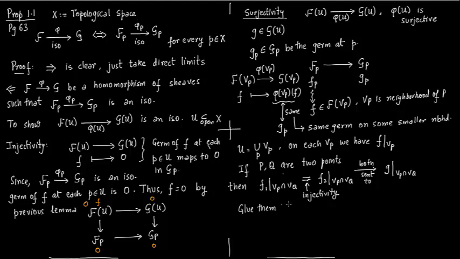So you glue them together and get the function f. Now the only thing remaining is that f is in F of U, so phi of f is g. That is easy. You just consider the function phi of f minus g. It is 0 on every small set, and then you just use the uniqueness property of sheaves and say phi of f minus g is 0, which will give you phi of f equals g.